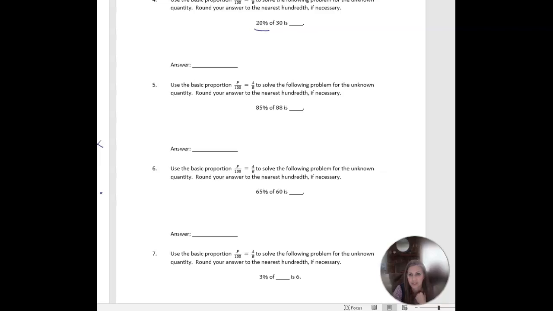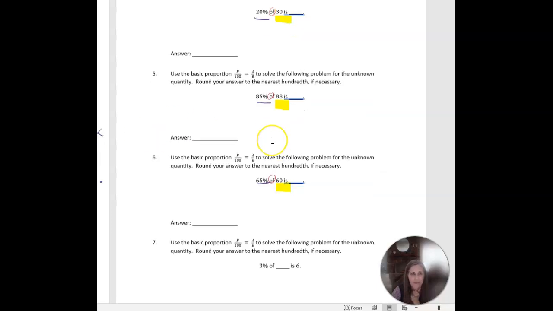You have your percent, then the word of, and then a number is. So those are all going to be solved exactly the same way. Okay, so let's go to number 7. 7 is a little bit different.